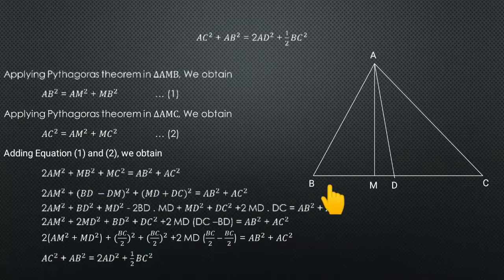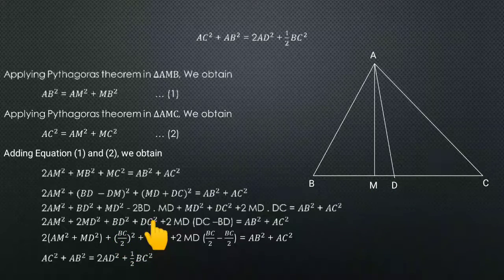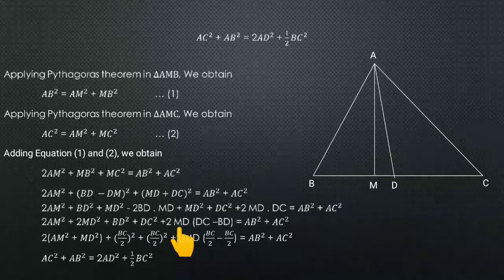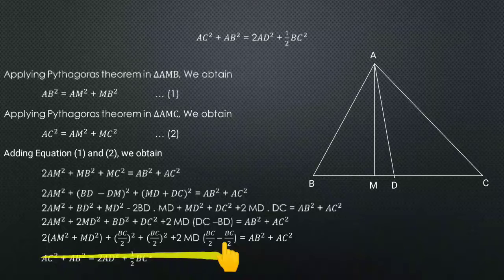Therefore instead of BD and DC we can write BC by 2. BD is equal to BC by 2, and DC is equal to BC by 2, with 2 times MD as it is. Instead of DC and BD we write BC by 2, and now simplify this term.